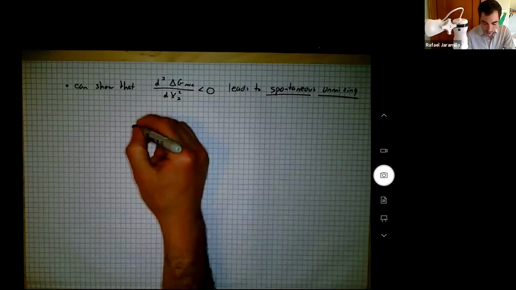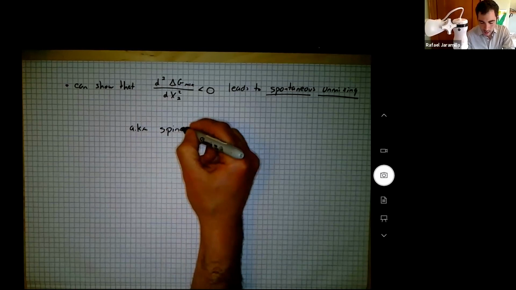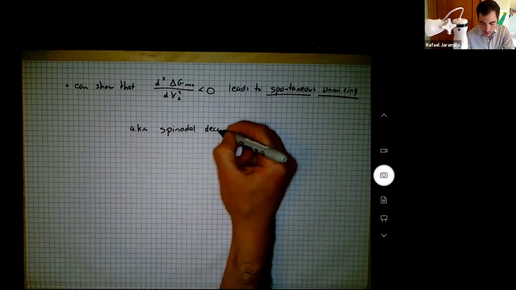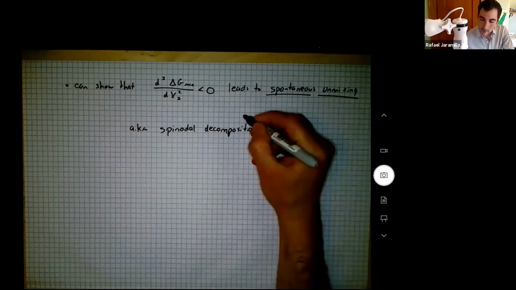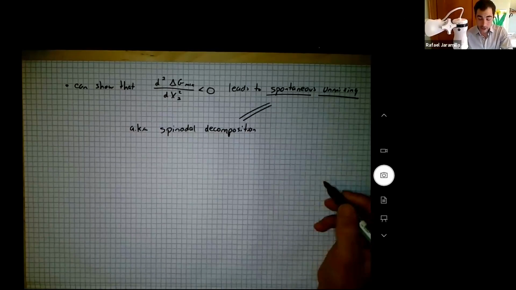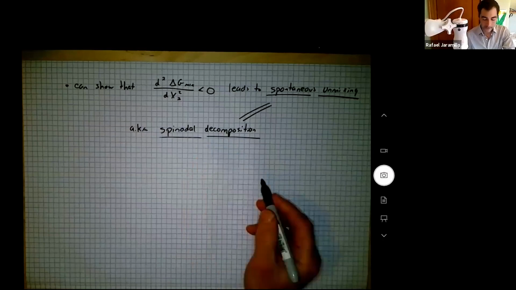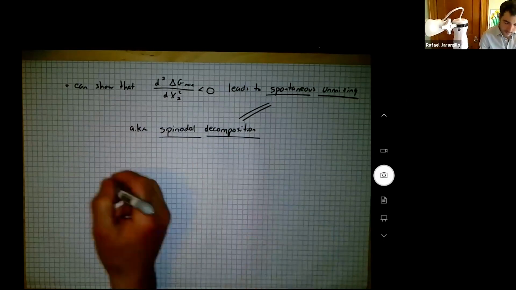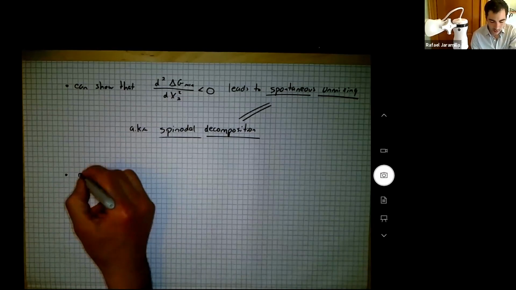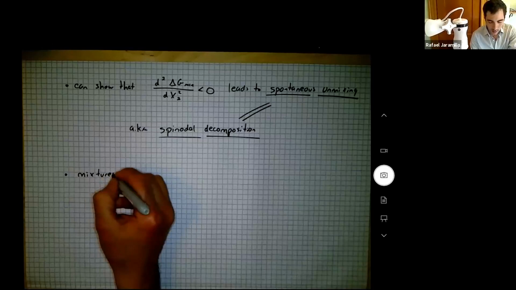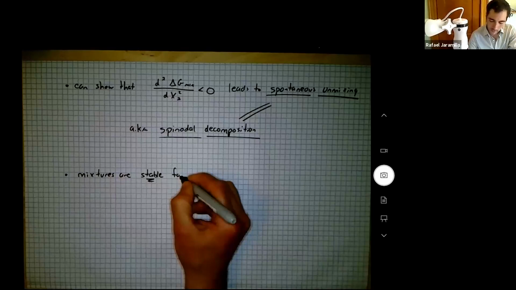And we have a special name for this process. It's called spinodal decomposition. In my experience, and as far as I know, spinodal decomposition is synonymous with spontaneous unmixing. They exactly mean the same thing. And you can similarly show that mixtures are stable for positive curvature.